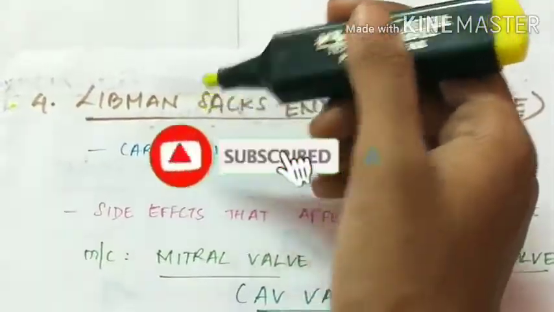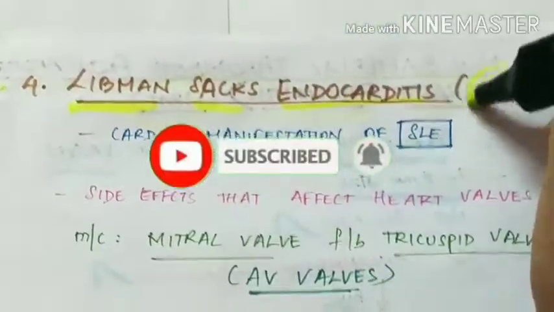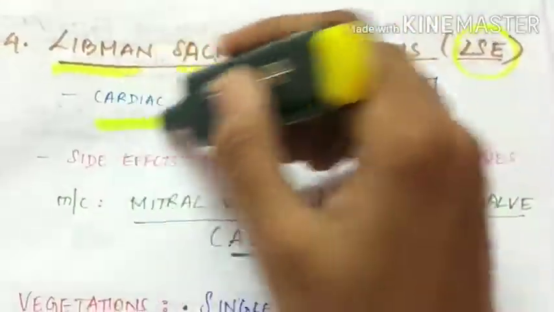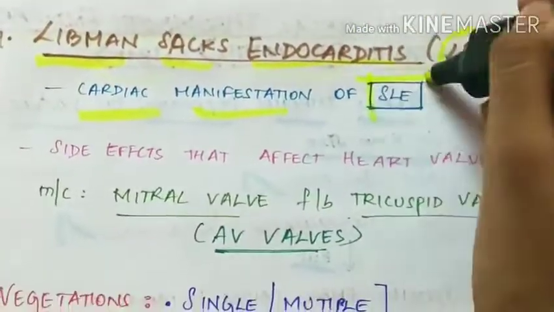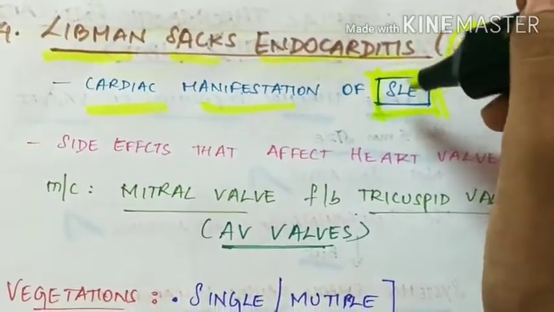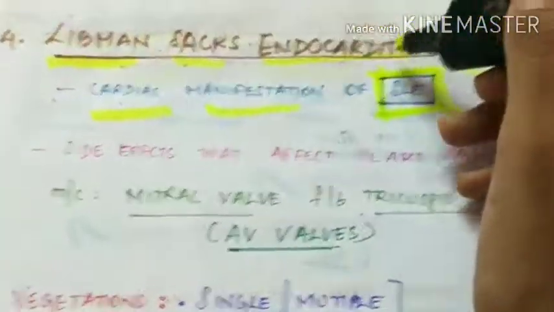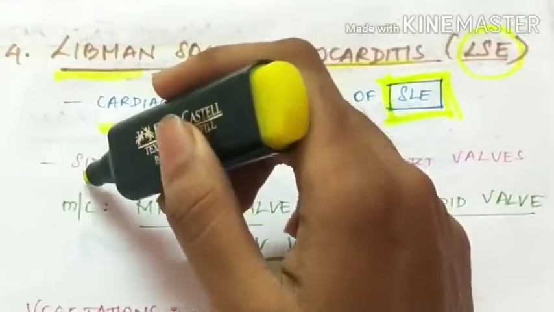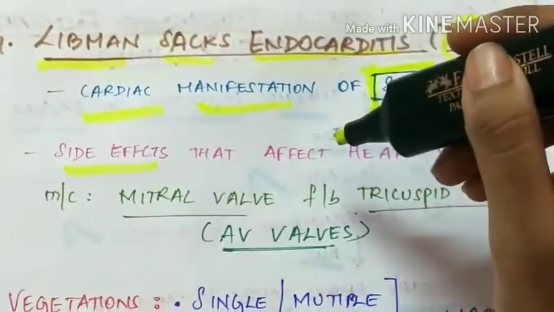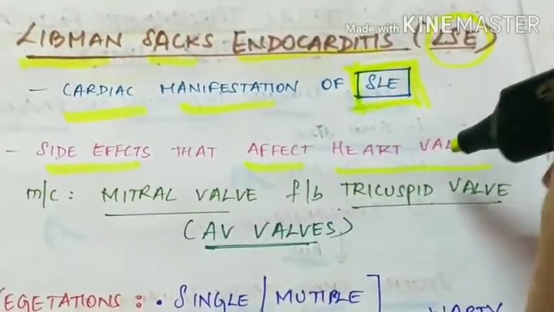The last vegetation is Libman-Sacks endocarditis, LSE. This is the cardiac manifestation of systemic lupus erythematosus. So when the heart is involved in systemic lupus erythematosus, it is called Libman-Sacks endocarditis. This is also caused by side effects of some drugs which affect the heart valves.